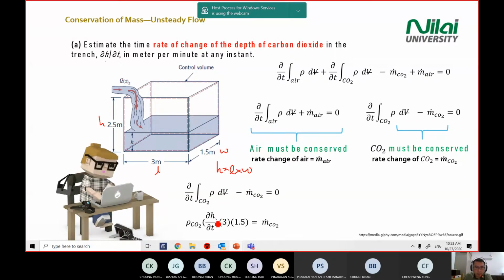So you put that into the equation. Integrating rho dV, we have dh L W. Because L and W do not change here, only the height is changing, we can put dh here. Then you pull all this together, rearrange, and you get this. We have a dt here, you put it inside there, and you will get del h over del t.